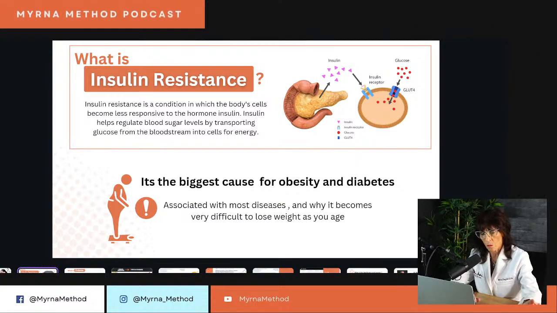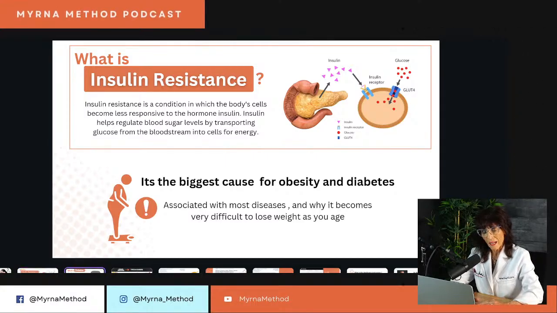Insulin, of course, is the hormone that regulates blood sugar levels by transporting glucose from the bloodstream into cells for energy. And here's one thing that most people know, because if they have obesity or they're struggling with diabetes, it is really tough to lose weight, especially as you age.